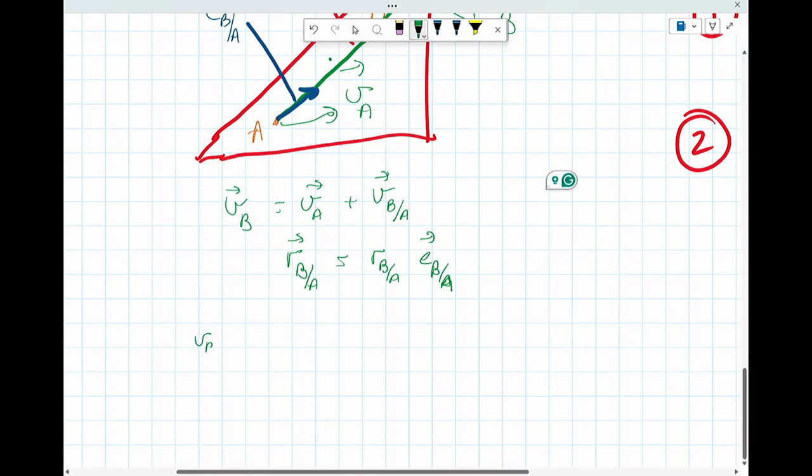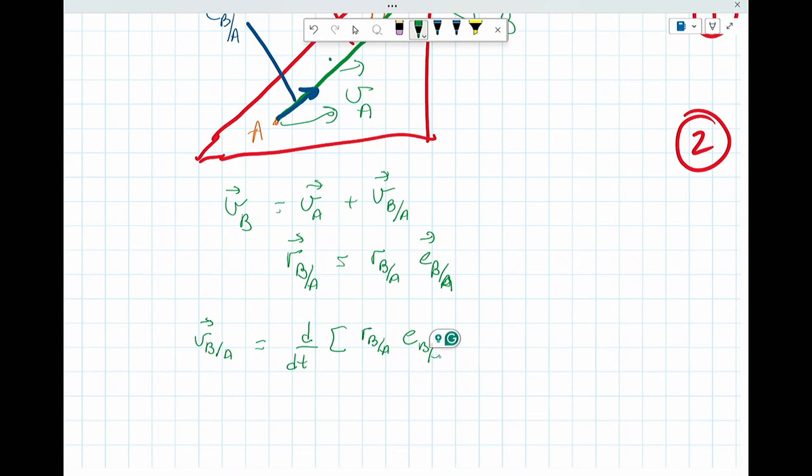So v_B/A is equal to d/dt of r_B/A, which is d/dt of the magnitude of r_B/A times e_B/A.